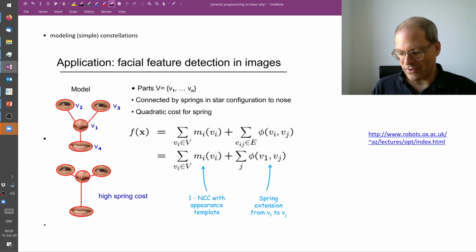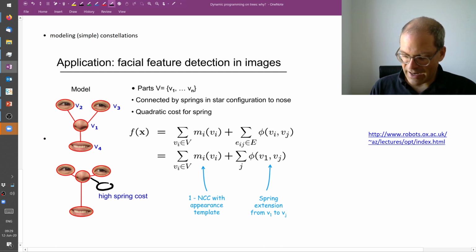It also has its limitations, because it only models what's shown here by the red lines. So in particular, whether the eyes are above or below the nose is not something which the model is going to be able to discriminate.